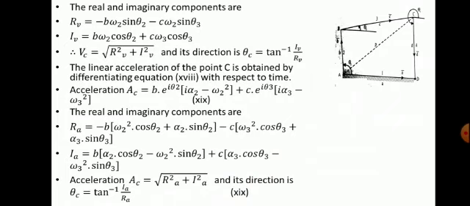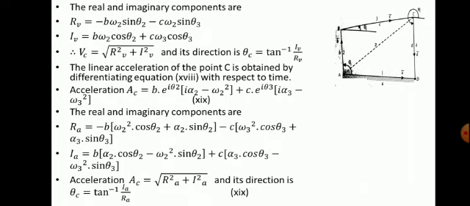Ac is equal to B e^(i theta 2) (i alpha 2 minus omega 2 squared) plus C e^(i theta 3) (i alpha 3 minus omega 3 squared), which is the acceleration, equation 19. The real and imaginary components are: real part is equal to minus B (omega 2 squared cos theta 2 plus alpha 2 sin theta 2) minus C (omega 3 squared cos theta 3 plus alpha 3 sin theta 3).